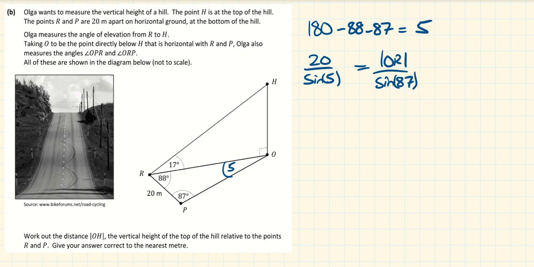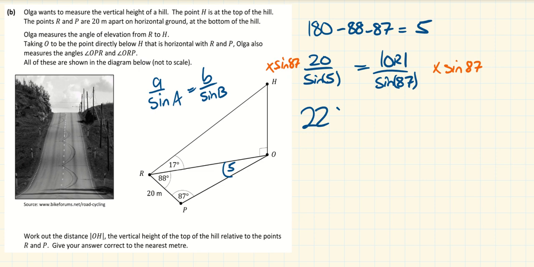Okay, so essentially the sine rule says that a over sine A equals b over sine B. So when you're working with opposite sides, you can do that. But it's just multiplication anyway, you just multiply both sides by sine 87. Both sides multiply by that, and you get OR equals 229.16.